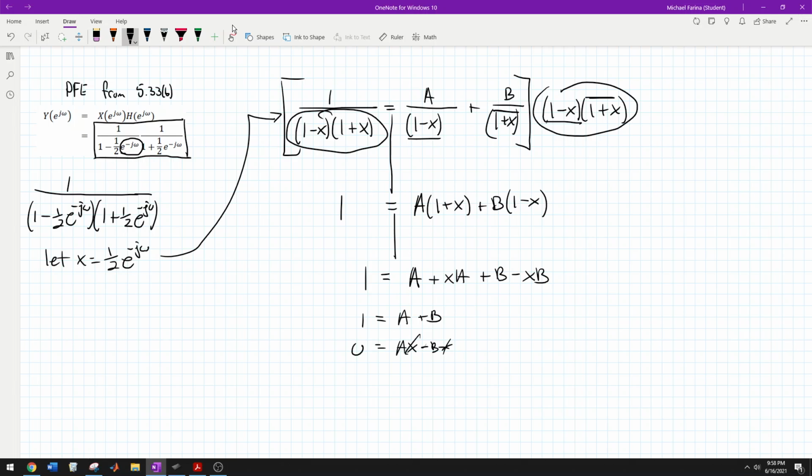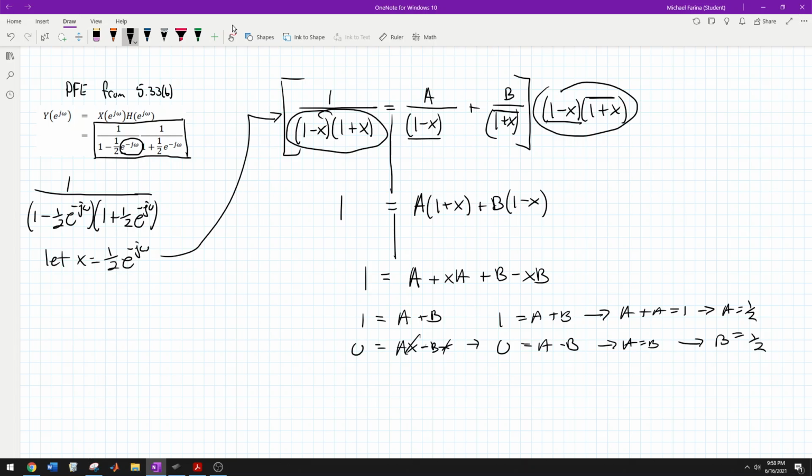We divide x out of everything, so then this becomes 0 equals a minus b, and we have 1 equals a plus b. So this tells us a equals b, and then changing it in here, a plus a equals 1, and therefore a equals 1 half, and b equals 1 half.